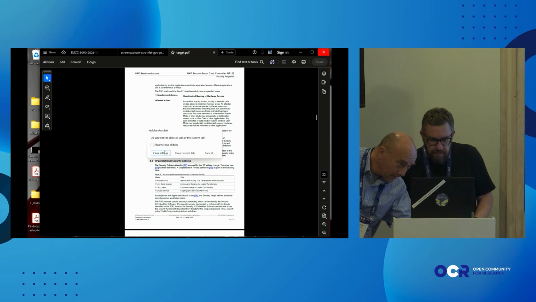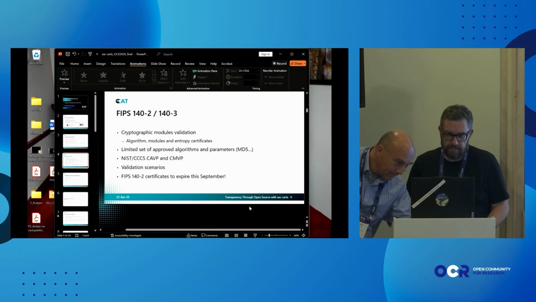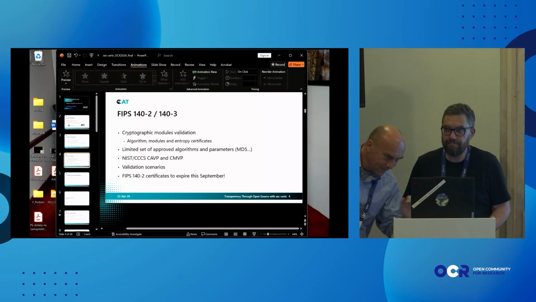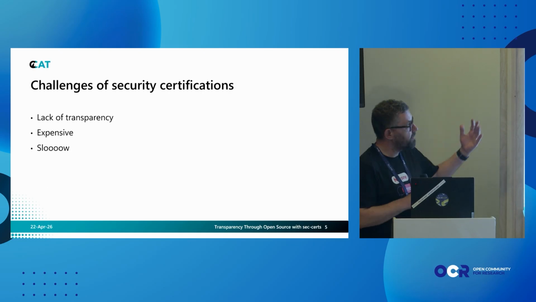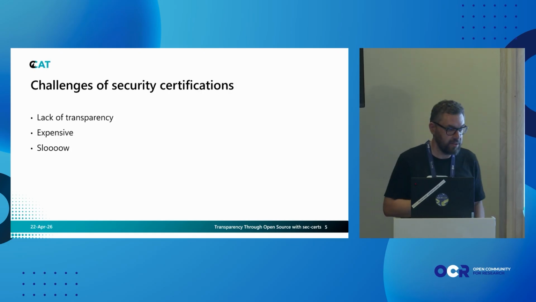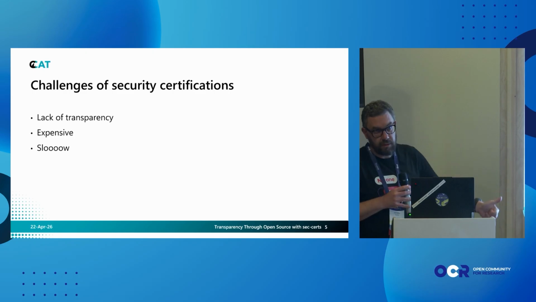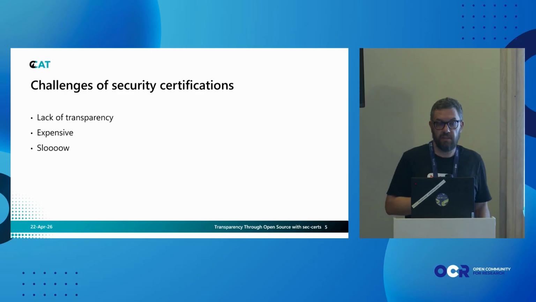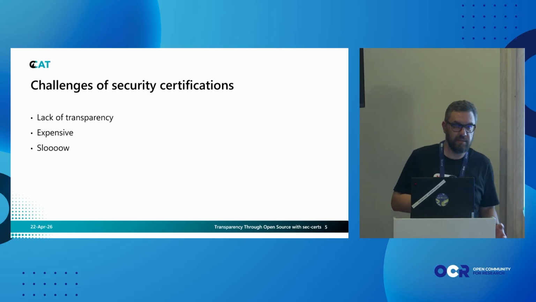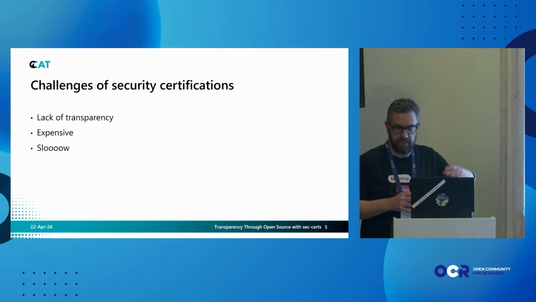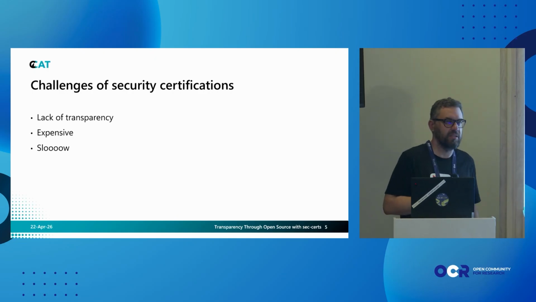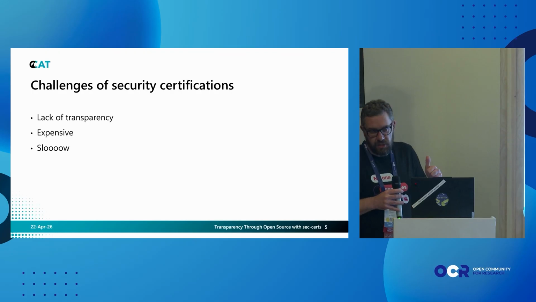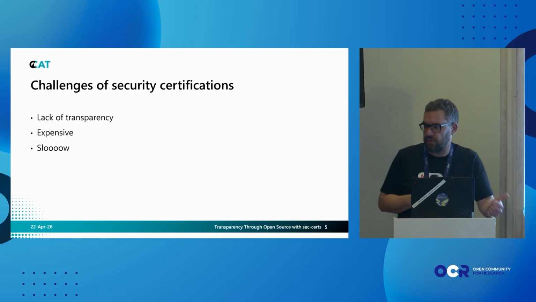Demo time. Don't do demos. Okay, and now there are some challenges in security certifications. One of the biggest issues is lack of transparency. These are PDFs somewhere on the internet, and you need to look up these certificates. They are super expensive, especially for smaller vendors.